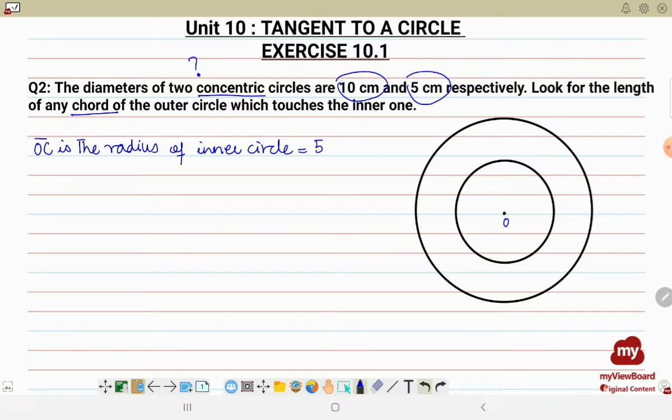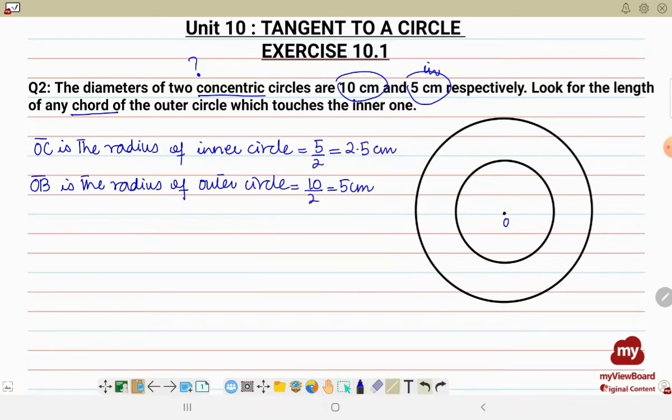So 5 is the diameter of the inner circle, so 5 divided by 2, 2.5, is the radius for the inner circle. And OB is the radius of the outer circle. So diameter is 10, so radius will be 10 divided by 2, that is 5 centimeter.